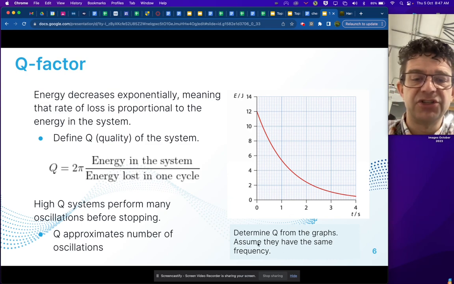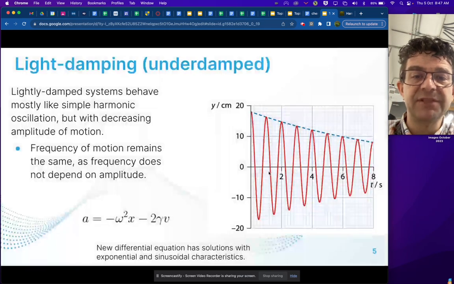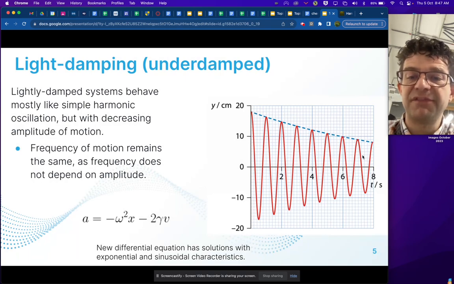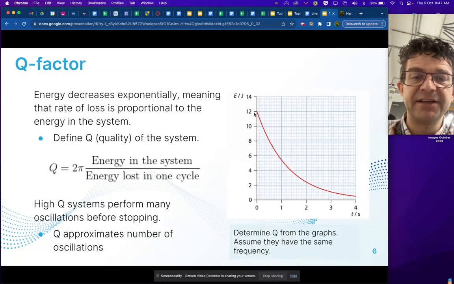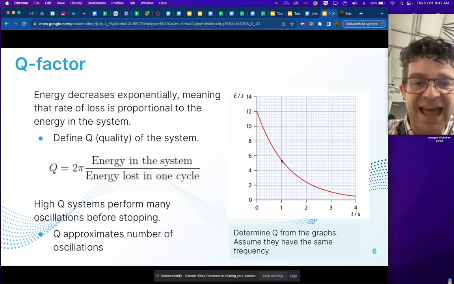Since it tells us here to assume that the graphs have the same frequency, we can find from this figure that the frequency is 1 hertz, the period is 1 second, so we see a change from 12 joules down to maybe 5.5 or so joules in 1 second. Or we could use the value from maybe 1.2 down to 0.8 or something like that, joules in 1 second.